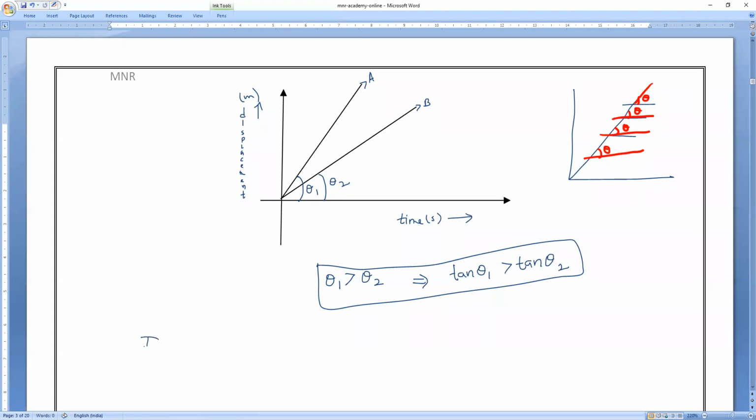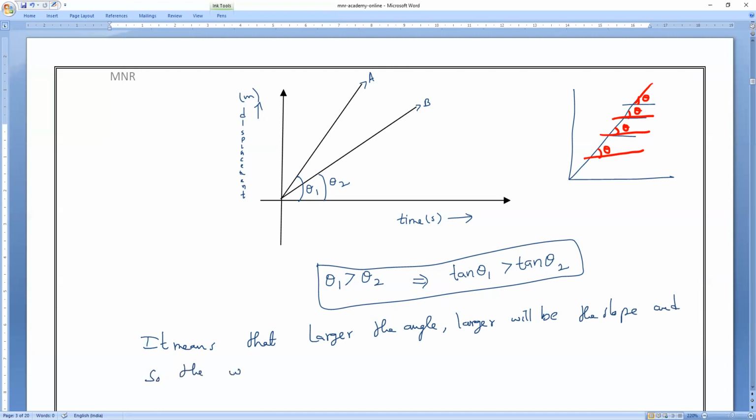If angle is larger, who will be larger? Everybody? Larger will be the slope. If slope is larger, then what will happen? So the velocity is larger. Is it okay, everybody?